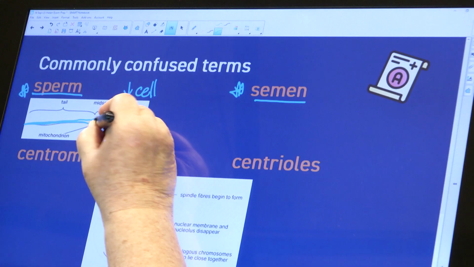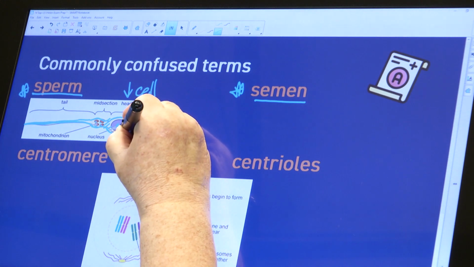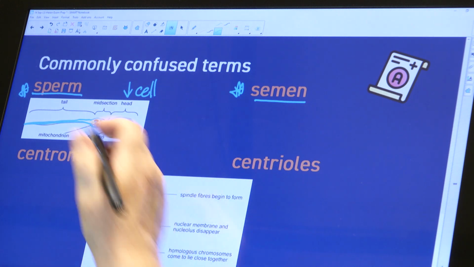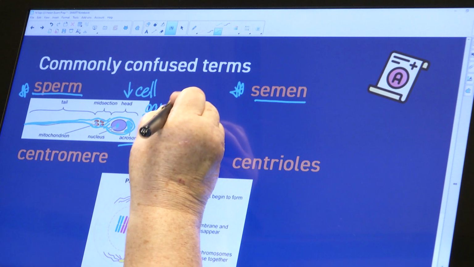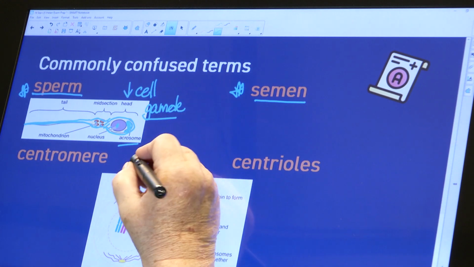Here's some mitochondria. It's filled with cytoplasm, and it's got a very specialized organelle called an acrosome in the front that is going to help dissolve its way into the ovum. That is one cell. The sperm is one cell, and it is a gamete or a haploid cell.